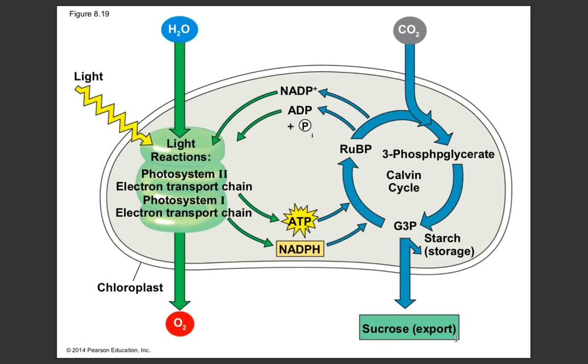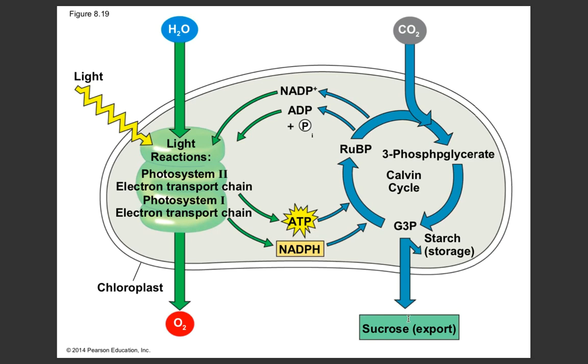Okay, so this is the overall process that we just talked about. They actually added in photosystem 2, the electron transport chain, photosystem 1, electron transport chain here. We talked about the light reactions and how important it is to create these products that are then going to go into the Calvin cycle here to create that G3P, which is going to be released to store energy or to be utilized when two of them come together to make glucose.